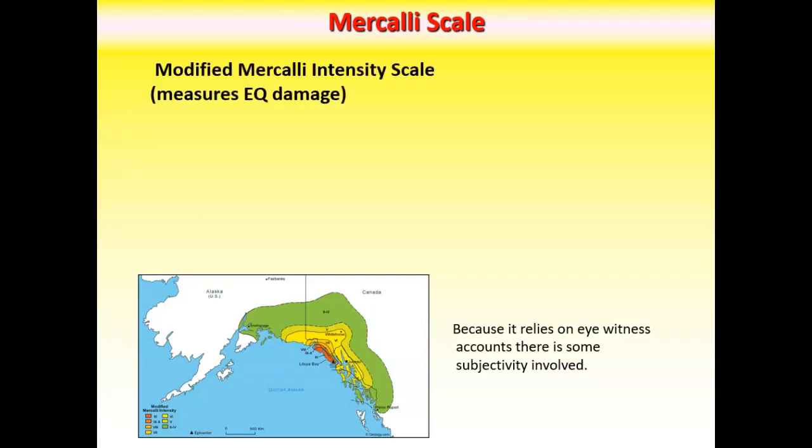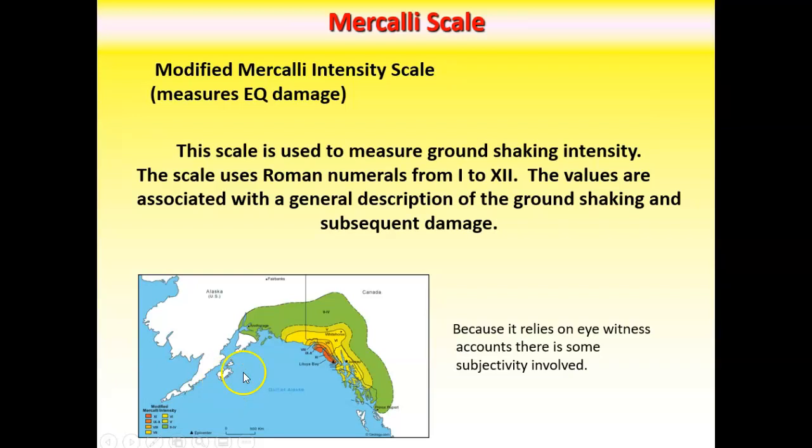And then one other scale that used to be used a lot, and once again has been modified, is still used by the USGS, is called the Mercalli scale. This is a scale where we use Roman numerals because we don't want to confuse it with the other scales where we use actual numerical values.